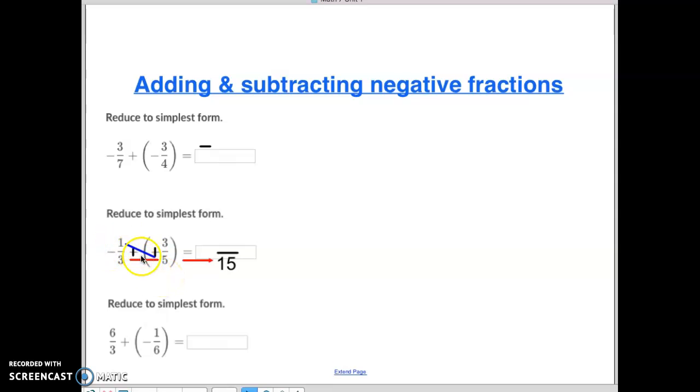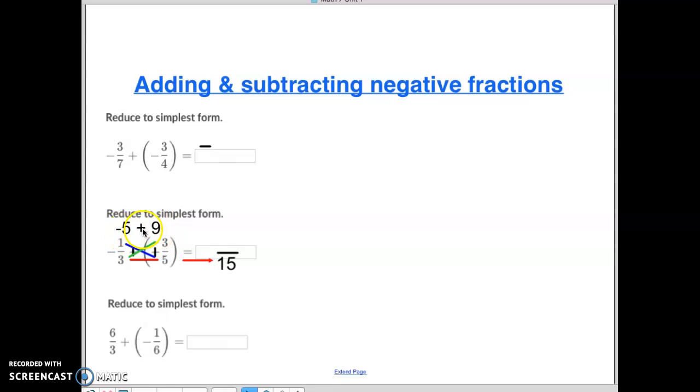So -1 times 5 is -5, very good. Then we're doing this +3 because denominators are always positive, +3 times +3 now because we changed it, and that equals 9. So -1 times 5 is -5, and 3 times +3 is +9.